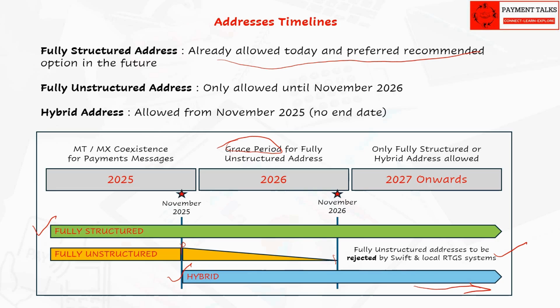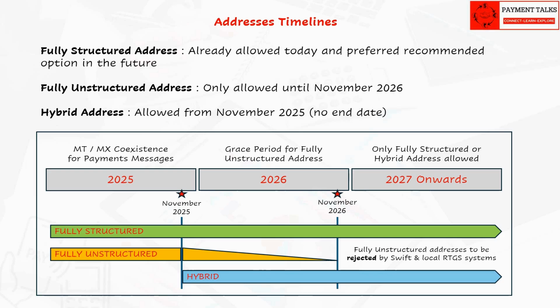To conclude, the evolution from unstructured, hybrid, to structured is not just a technical migration. It is a data quality transformation. Unstructured address enables reach but not reliability. Structured addresses are the end goal but difficult to achieve immediately. Hybrid addresses provide a pragmatic, enforceable transition path.